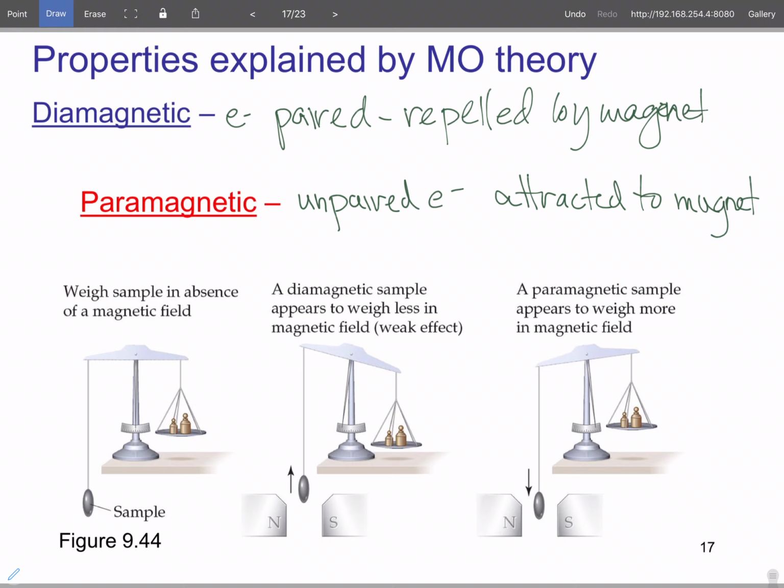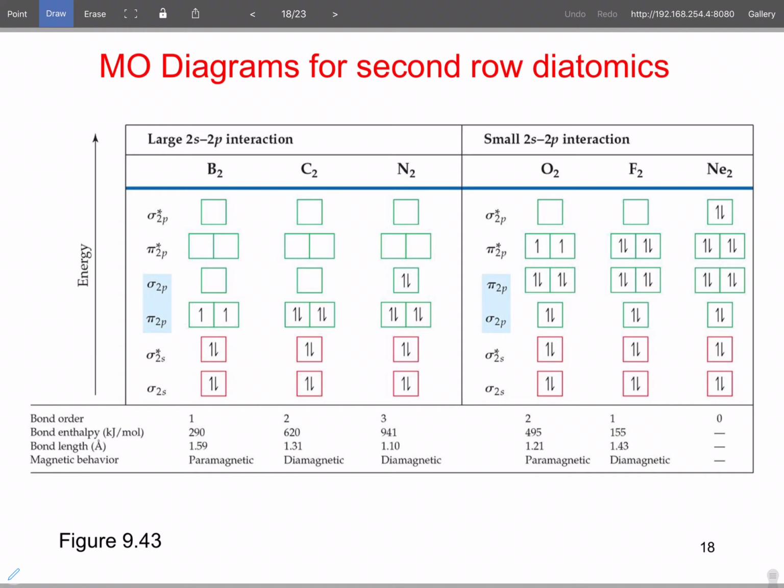So you have to explain them using the electron distribution over the entire molecule, not just an individual atom. So we can't look at it from the viewpoint of just an atom. We have to look at it from the viewpoint of the molecules. So when we look at the energy diagrams, this one is unpaired. So this one is going to be paramagnetic.